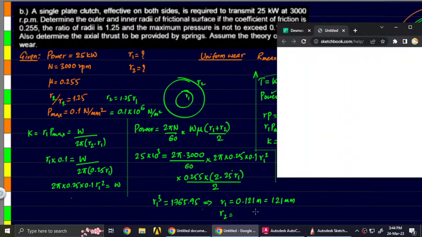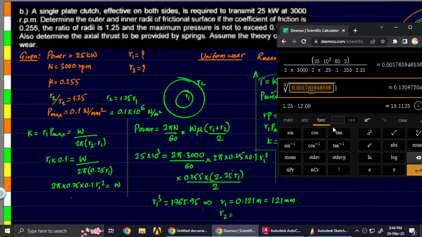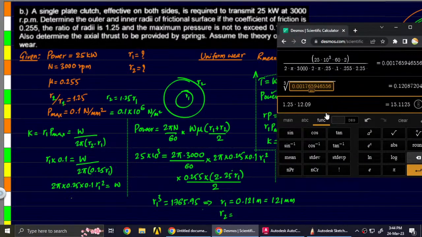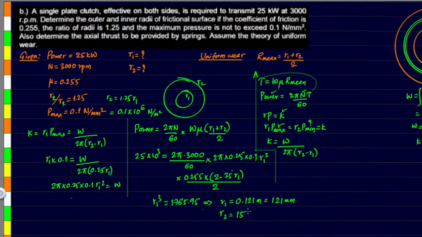So this appears to be correct. And 151.25. Okay, so these values appear to be correct. So before substituting, we need to convert this into SI units. Okay, so that will be the correct answer.